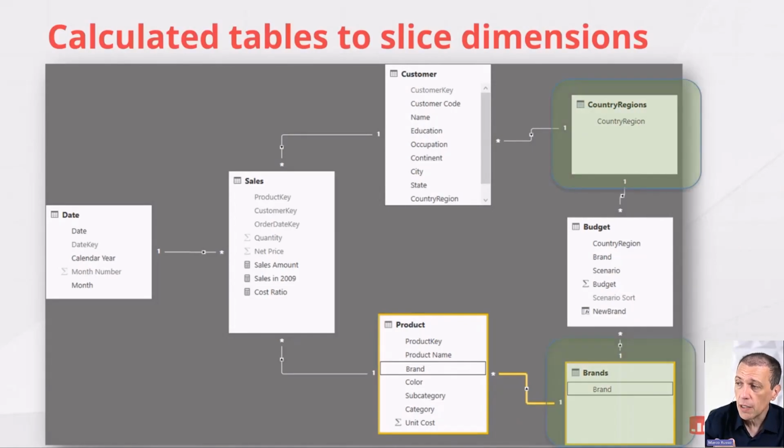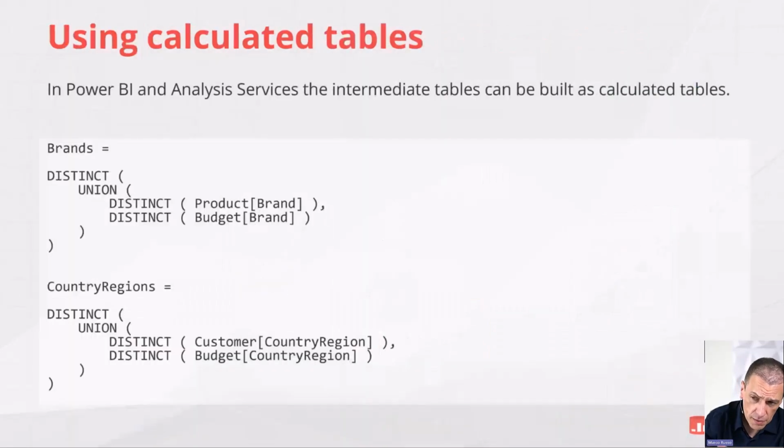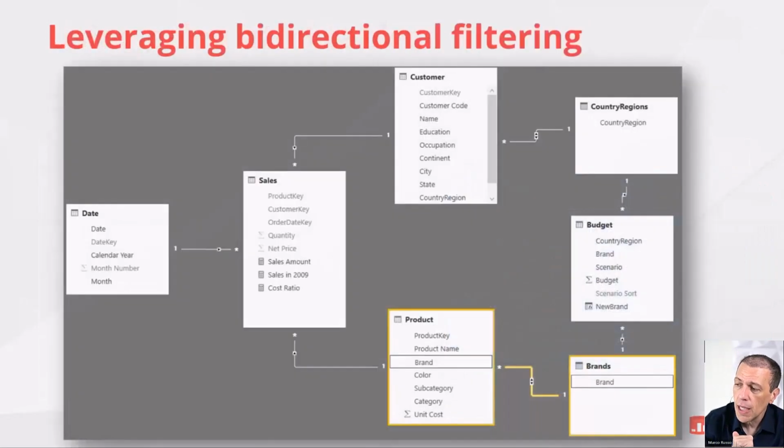But in order to do that, we had to create bidirectional filters. This is the technique to get the values from both tables, if you want. And then the bidirectional filter is what we used to propagate the filter from customer and product to the budget table, so that the user can create a single visual comparing the budget and the sales in the same visualization, in the same chart, and so on.